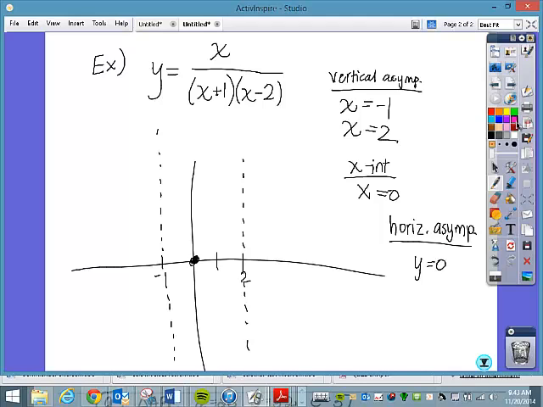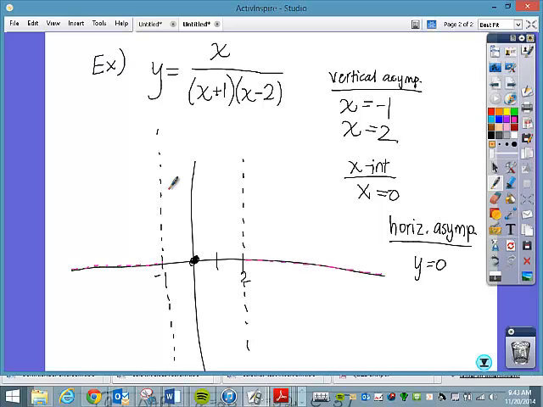And the weird thing about these is your horizontal asymptote really doesn't apply in between these two vertical asymptotes. Obviously, we have a point at the x-axis, so my graph is going to cross that horizontal asymptote, but only in between these two vertical asymptotes is it going to cross the x-axis.